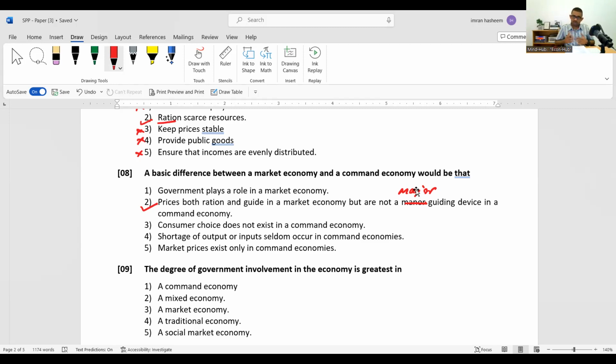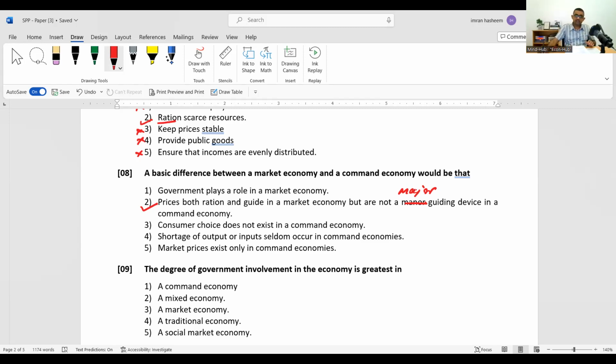Here it's wrong more than anything because we are not only saying price exists in a command economy, the option also gives the implication that price mainly does everything in a command economy, because only in a command economy you find price.